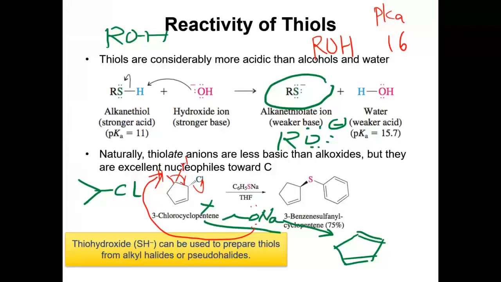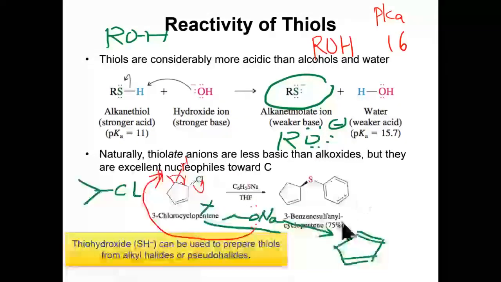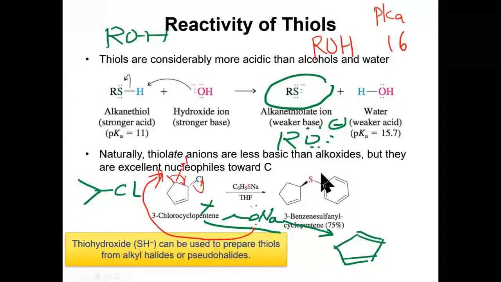And thiolate is a weaker base and a strong nucleophile. So weaker bases slow down the E2 pathway, and stronger nucleophiles speed up the SN2 pathway. That's why when using thiolate with a secondary halide, you get mostly SN2 product.